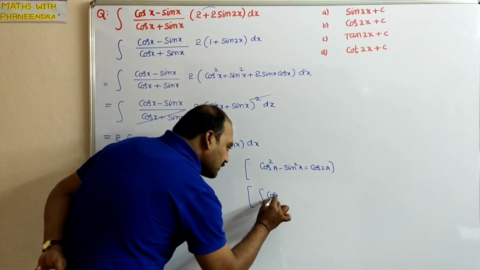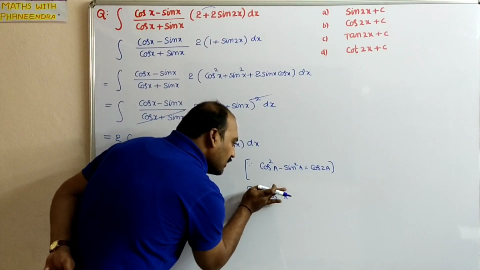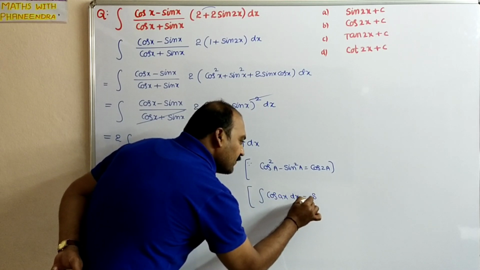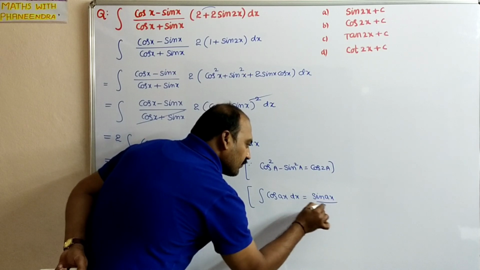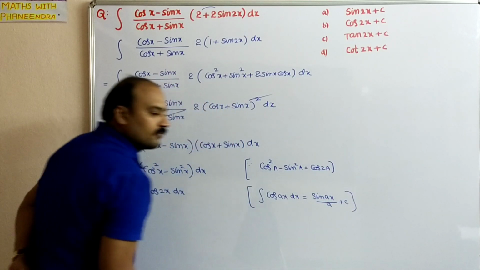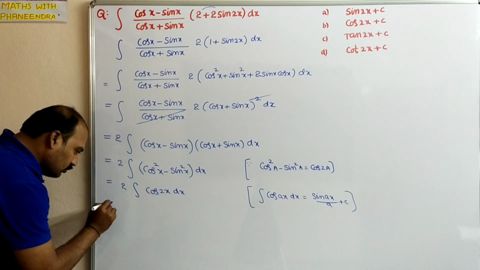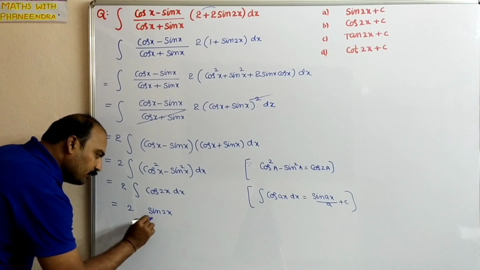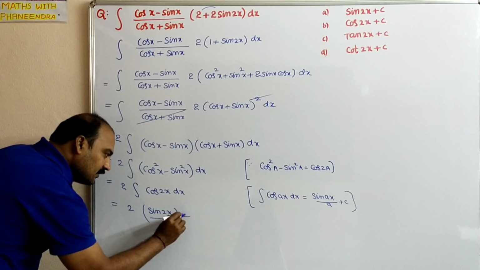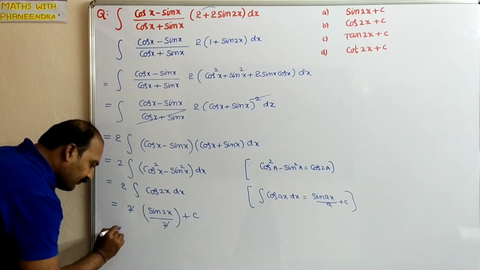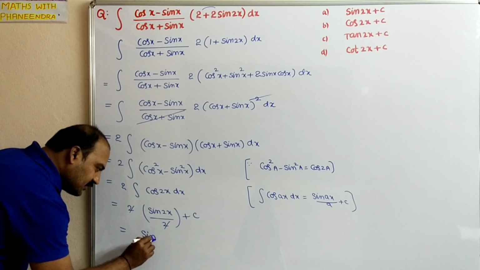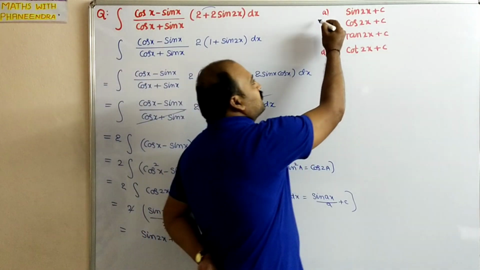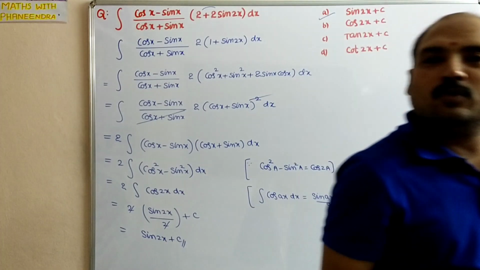Integral cos ax dx, I am writing generally, equals sin ax by a. So a is equal to what here? 2. So 2 times sin 2x divided by 2 plus c. So 2 gets cancelled. So the answer is sin 2x plus c, which is there in the first option. We'll move to the next question.